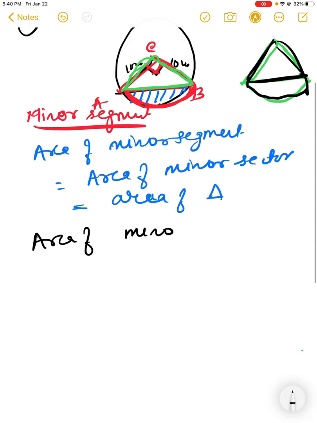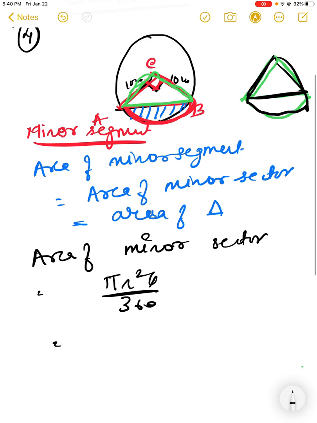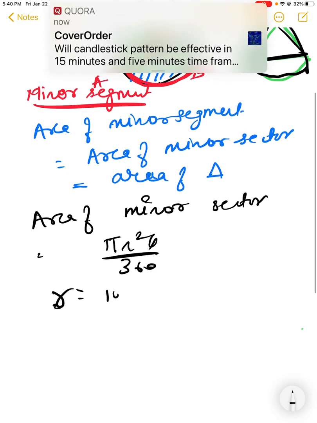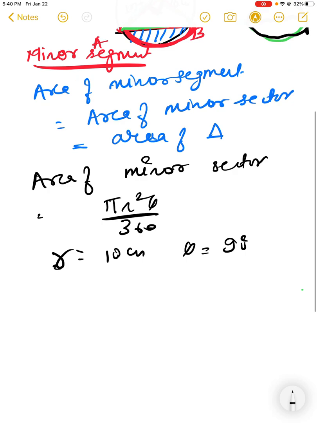The area of the minor sector is pi r squared theta upon 360 degrees. Now it is a right angle here. So, r is given as 10 centimeters, theta is 90 degrees.